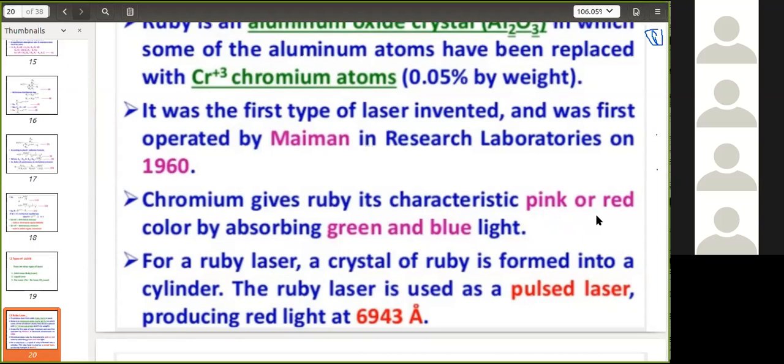We will go to the mechanism in details, and then it releases some amount of energy. The color is red.